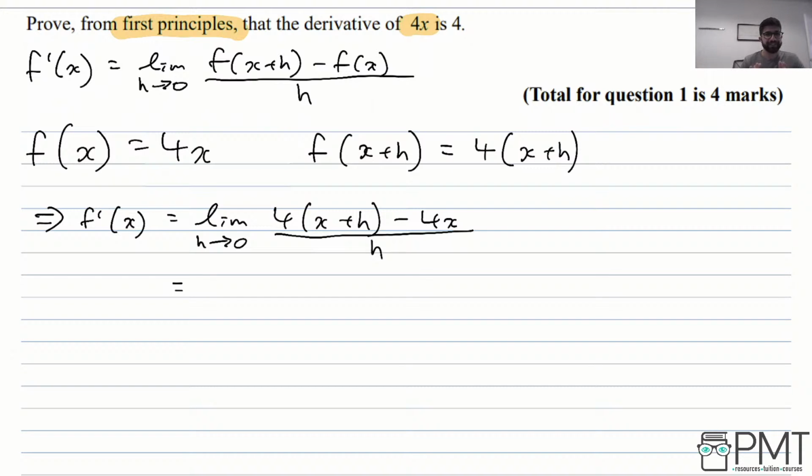I'm not doing anything with the limit yet. I just want to simplify this section of the expression. So we have got 4x plus 4h minus 4x divided by h. And then you can cancel out the 4x's.